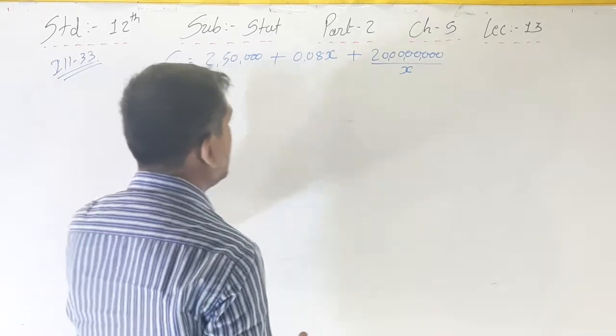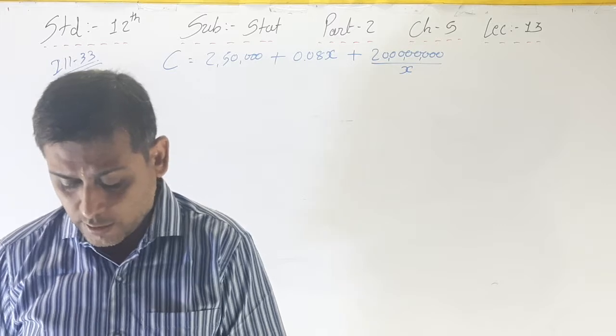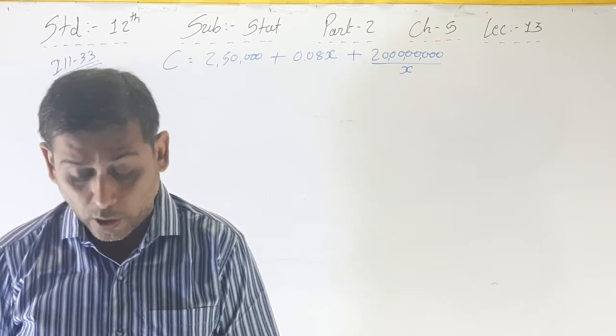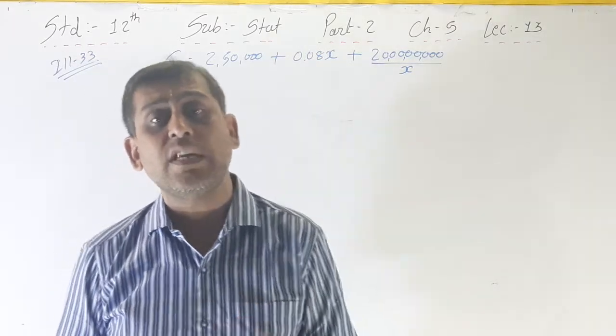Okay, this is the cost function, and we have to find at which units the production cost is minimum.